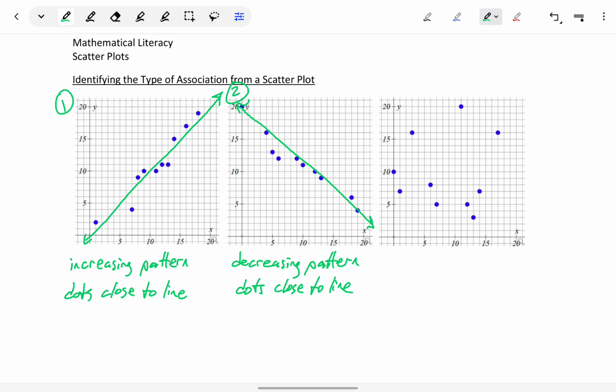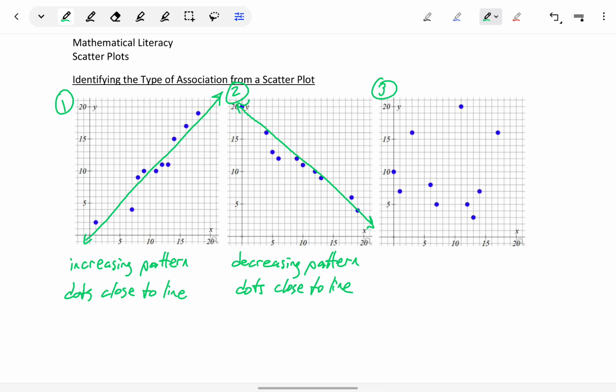Now look back at graphs 1 and 2, the clear, distinct increasing and decreasing patterns that we had, and compare that to what we see in graph 3. As we read the graph from left to right, there's no real clear distinction that the y coordinates are increasing, so the points aren't necessarily getting higher or getting lower. They're just scattered around.